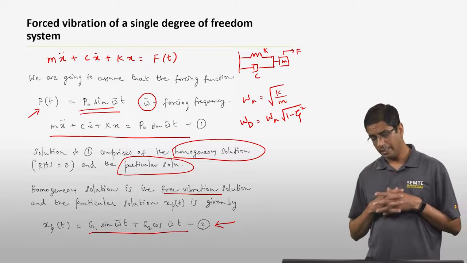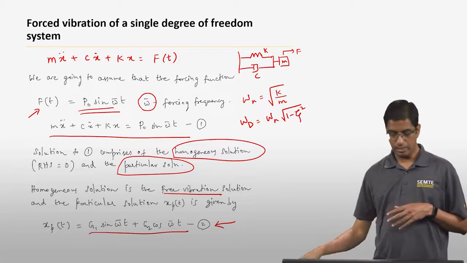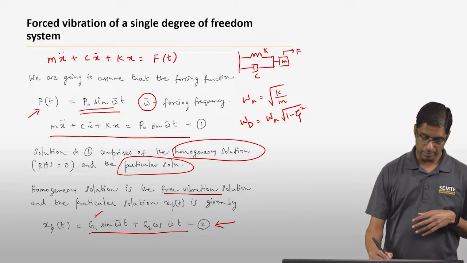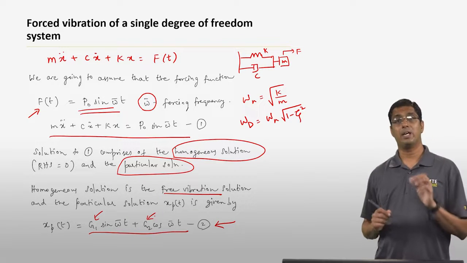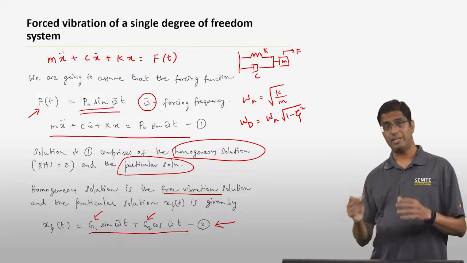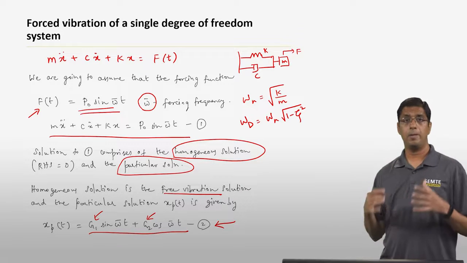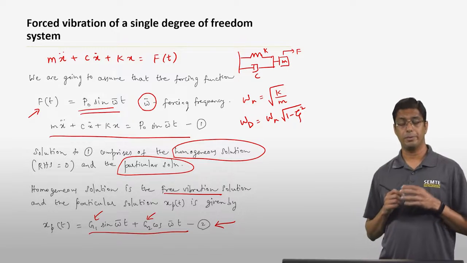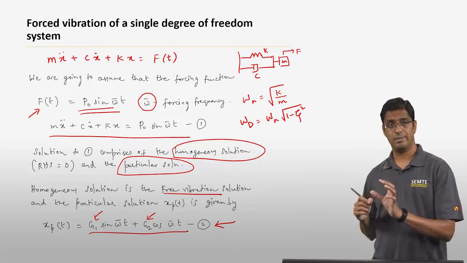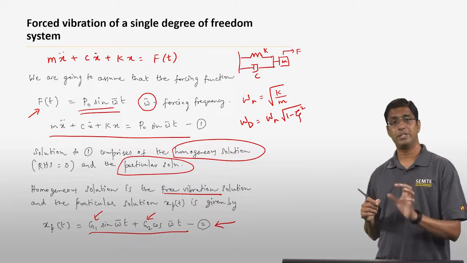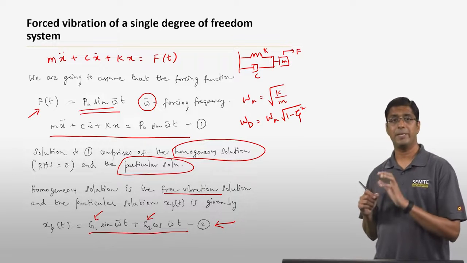The other thing that you want to notice is that these constants G1 and G2 will depend on omega bar. That will be apparent when you go through the solution. I want you to know that G1 and G2 are not constants; they will depend on omega bar itself.